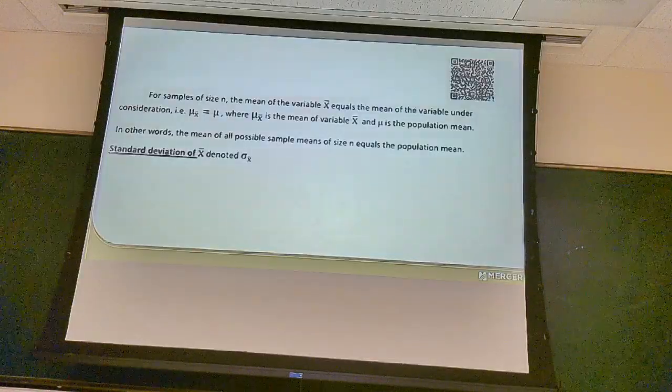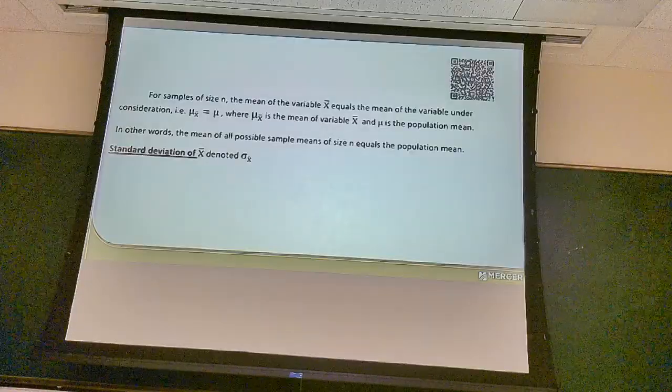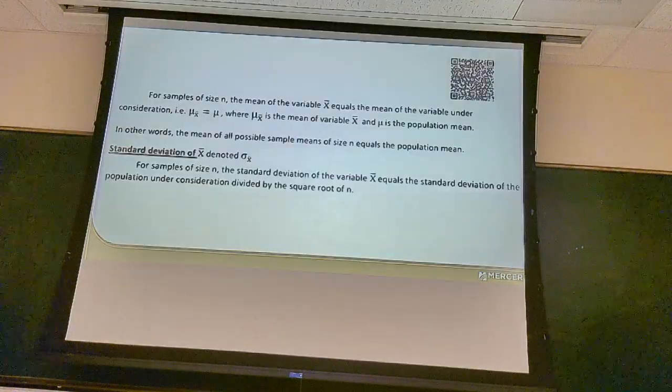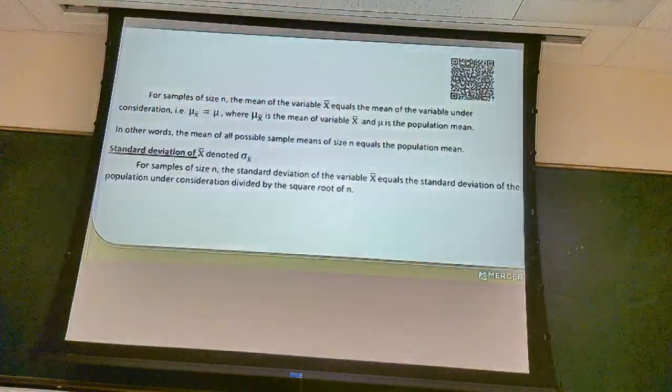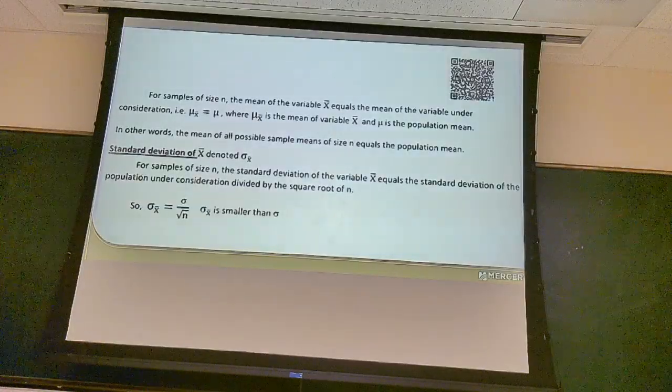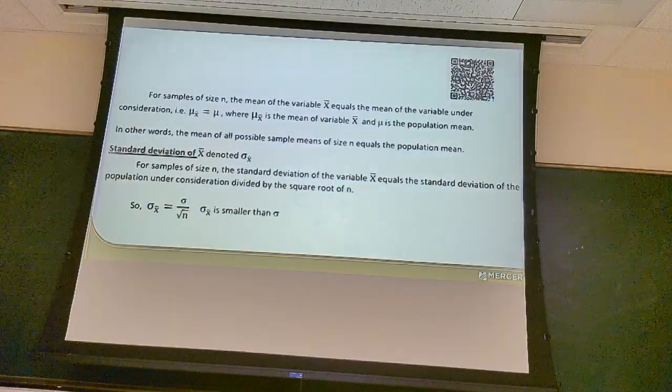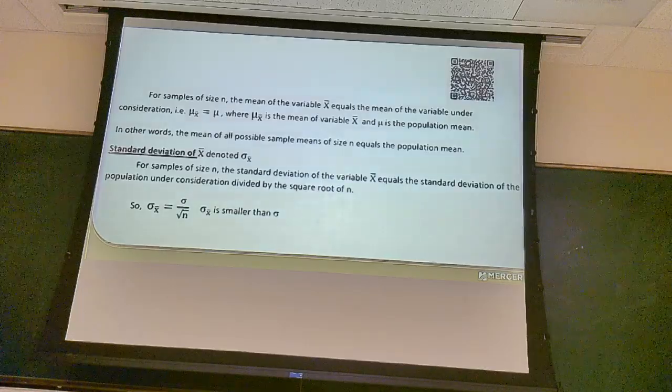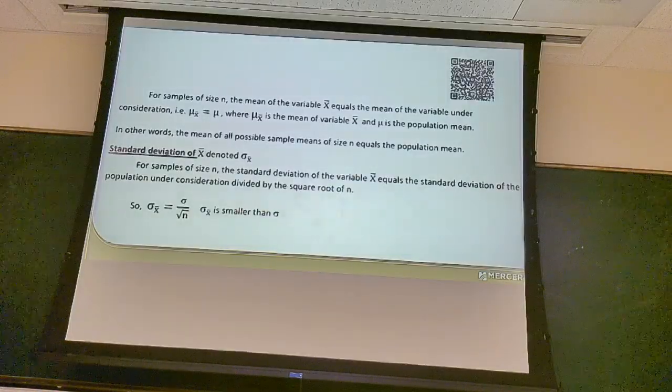Standard deviation of the means, sigma sub X bar, is the population standard deviation divided by the square root of n. Again, n is the sample size. This is also called the standard error.